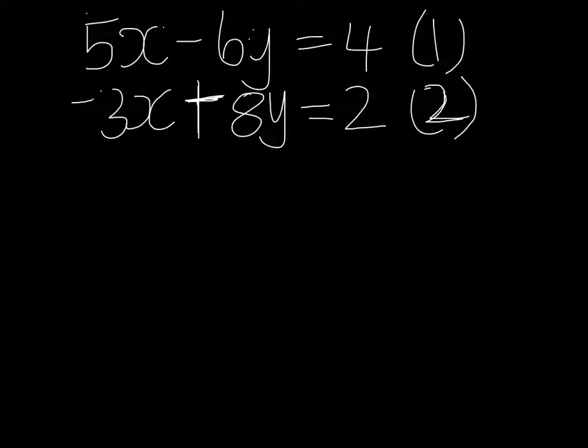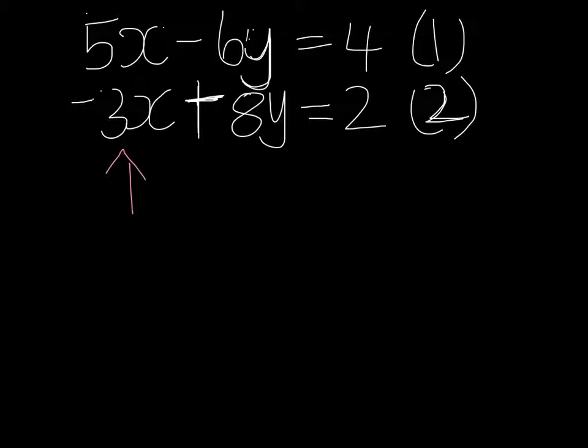Now the trick is, when we cannot easily substitute one equation into the other, we need to eliminate one of the variables. Now we can either eliminate the x's or the y's. In this case, I'm actually going to eliminate the x's. But in order to do that, we need to get the x's to the same number.